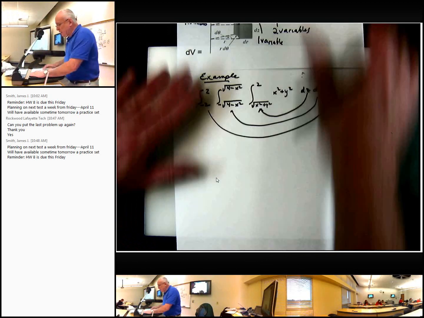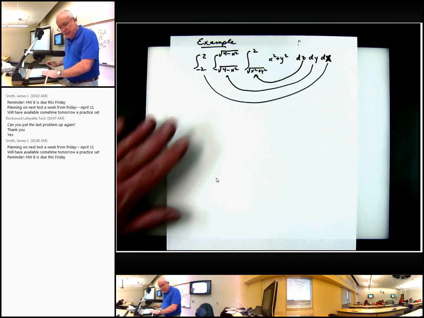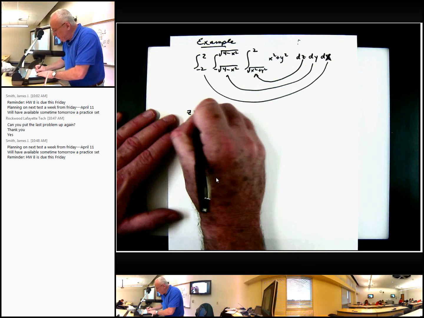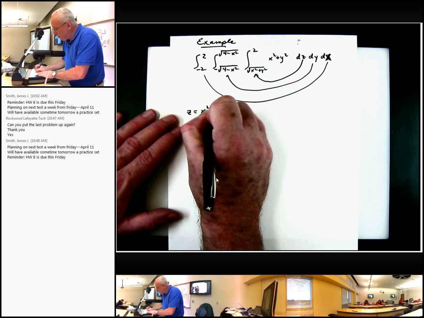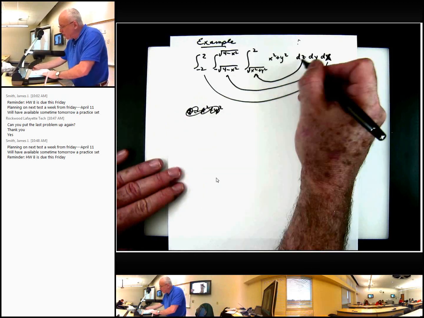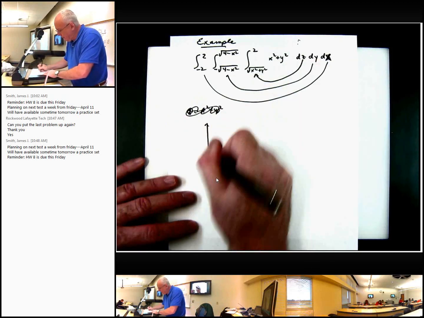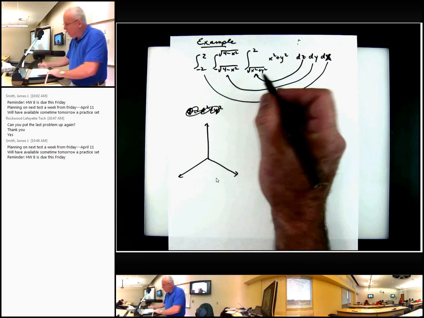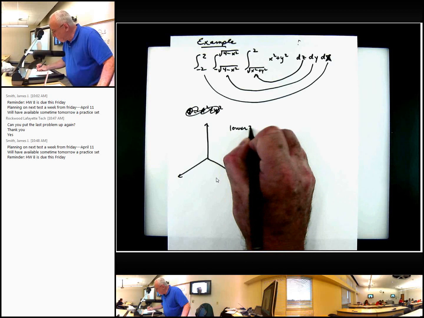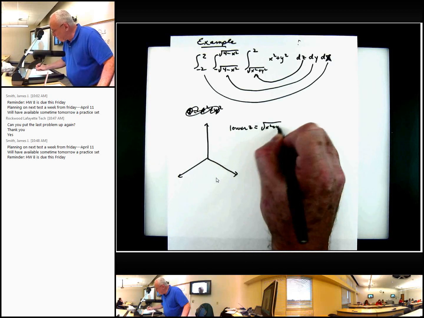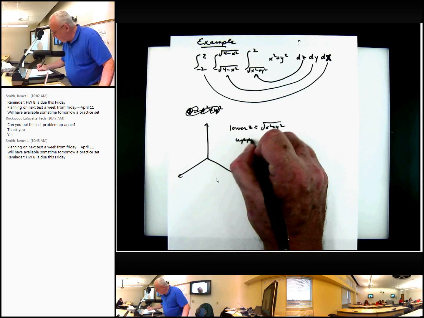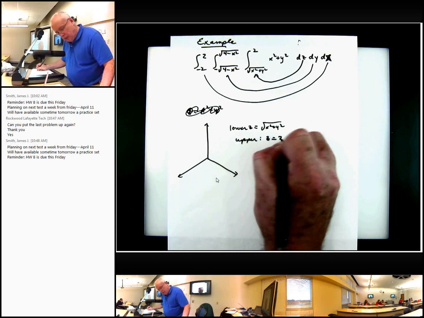So actually, before we convert this into cylindrical coordinates, let's get an idea of what this thing looks like. All right. So z goes from the lower function of z, which is equal to the square root of x squared plus y squared, and the upper z is z equaling 2.